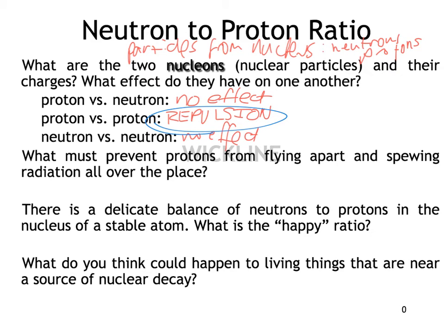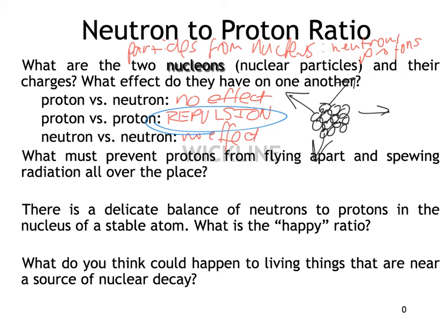So if the primary force inside a nucleus is that of repulsion between protons, then one of the things that we should expect to occur is that the nucleus should explode. It should fall apart because of all of the repulsion that's going to be pushing the protons away from each other.